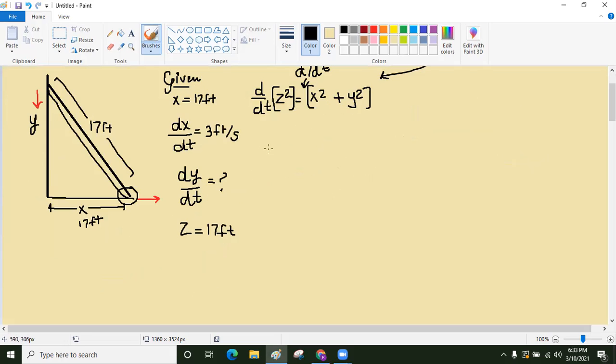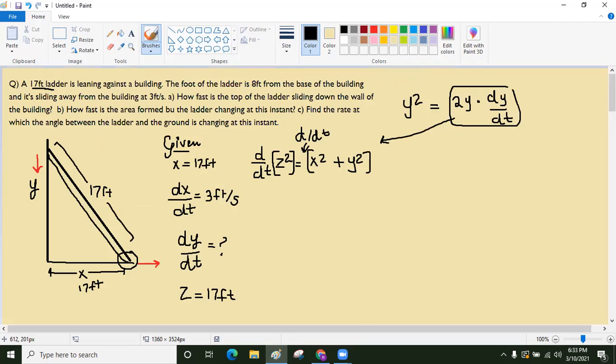It wouldn't be 2z multiplied by dz over dt, because z is actually a constant. Z is 17. So since z is 17, you're looking at the derivative of 17 squared, which goes to 0, because the derivative of a constant is in fact 0. So this would be 0 on this side here.